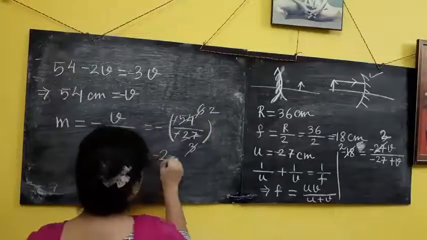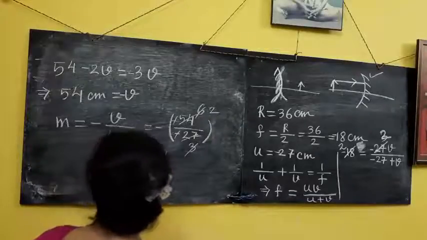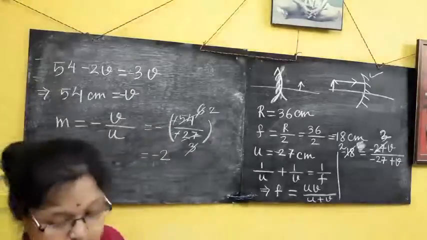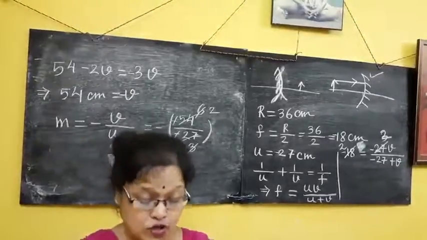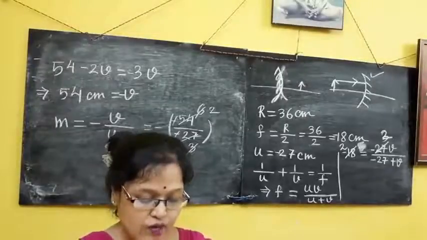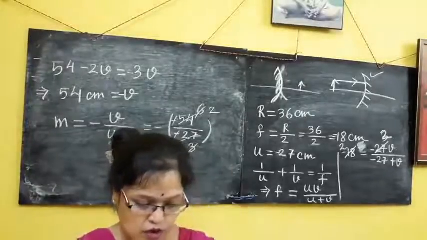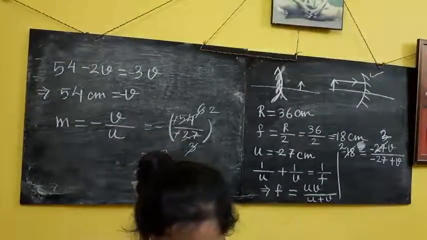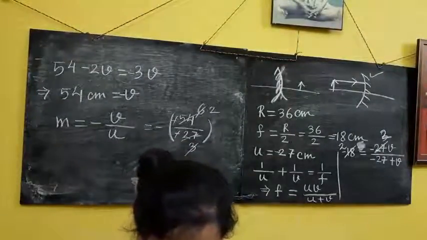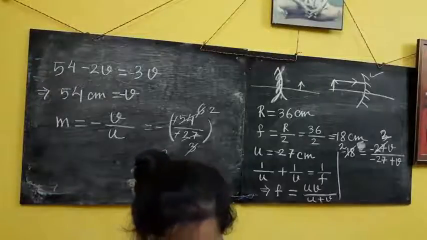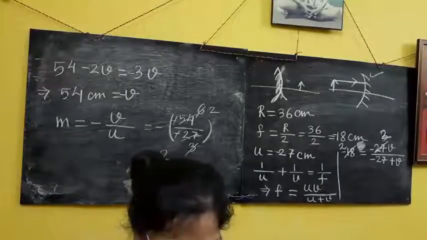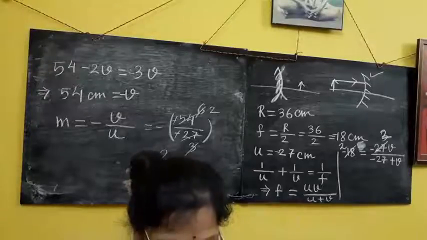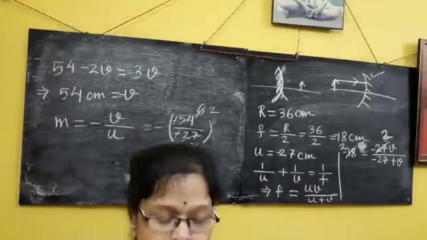So magnification is 2, which means the image will be twice that of the object. Now see, the size of the object is given.